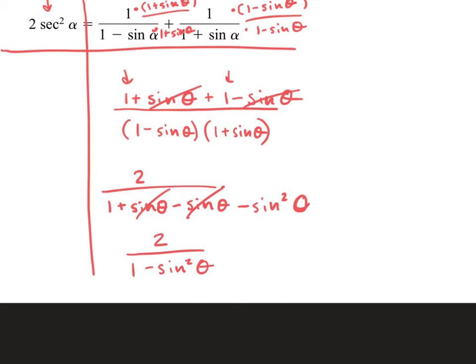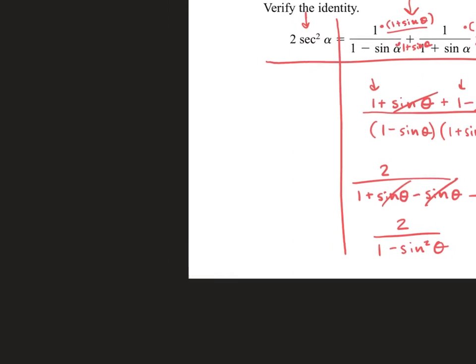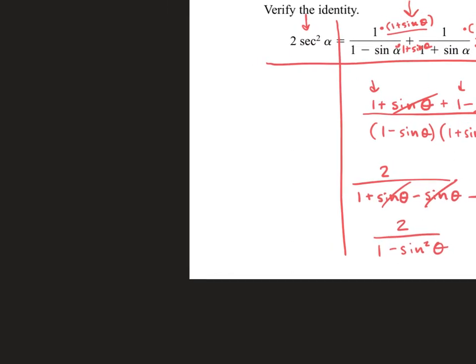What would you do next here? See what identity is the bottom one. Awesome. What identity involves sine squared? Sine squared plus cosine squared equals 1.